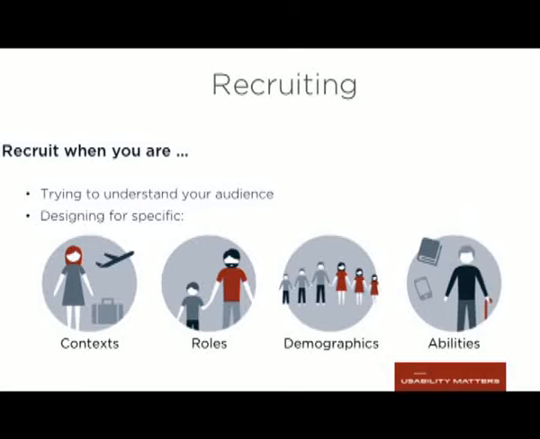People's ability can also be important when you're considering your recruiting. For example, whether someone is a novice or an expert, whether they have high or low literacy can impact your research. More and more importantly, accessibility is a consideration in the products and services we use.